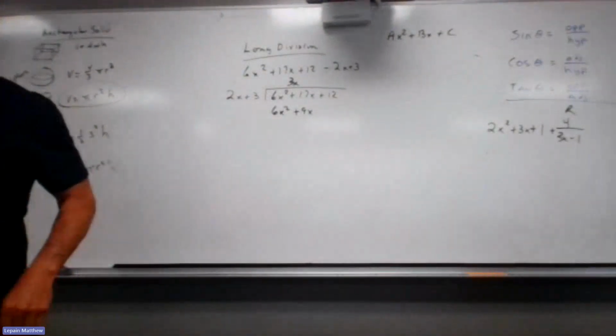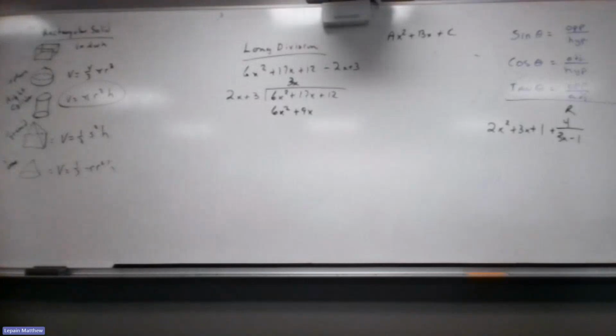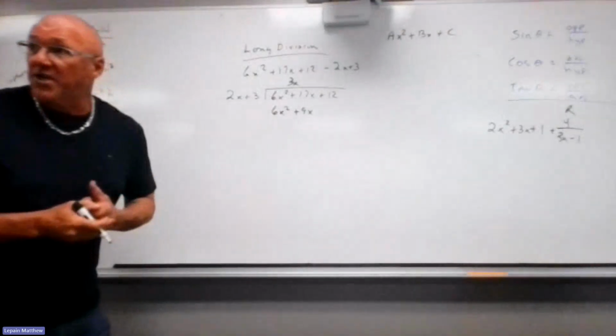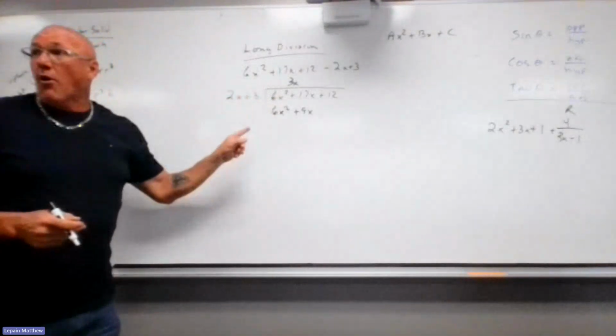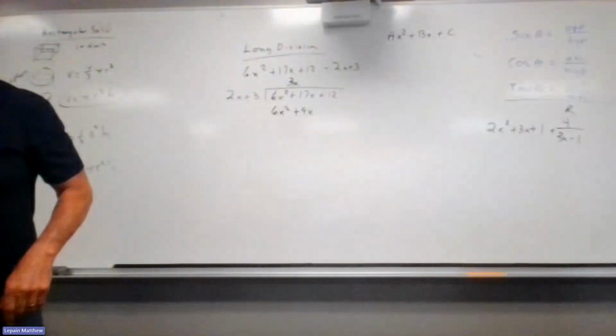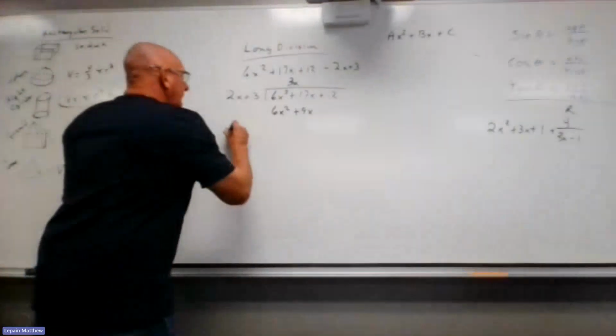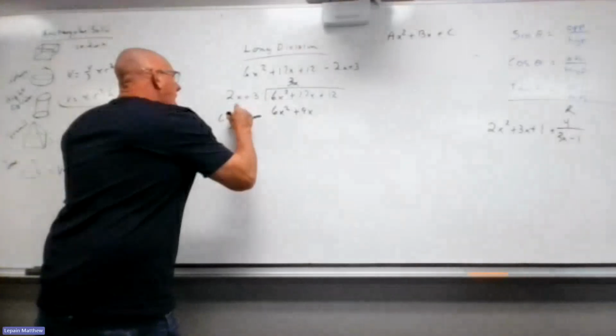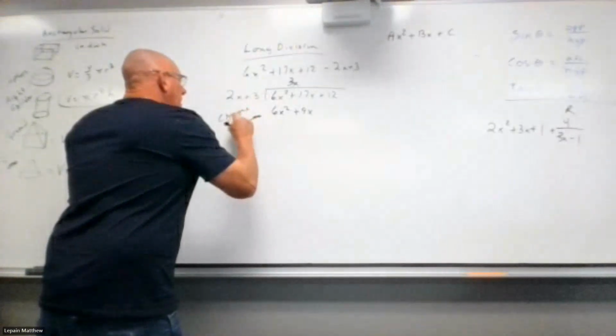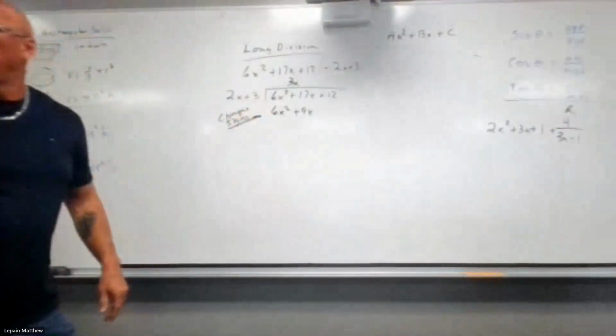Now, this is the part that everybody messes up, and you've got to remember. Because we're doing long division, after we do this part, you have to subtract. So I always tell the kids, change signs.